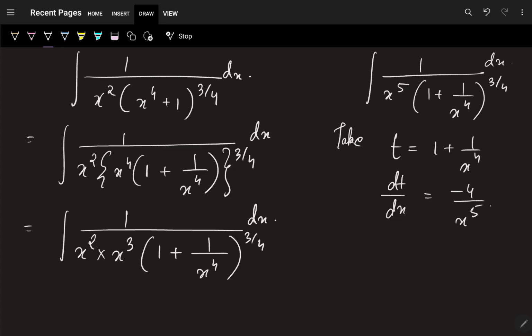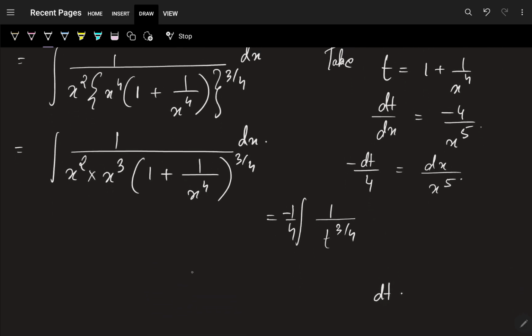If you see, we have 1 by x to the power 5 dx. So minus dt by 4 is gonna be dx upon x to the power 5. So my integral is gonna become 1 by t to the power 3 by 4, and dx by x to the power 5 is minus dt by 4. So minus 1 by 4 is out of the way, and this is dt.